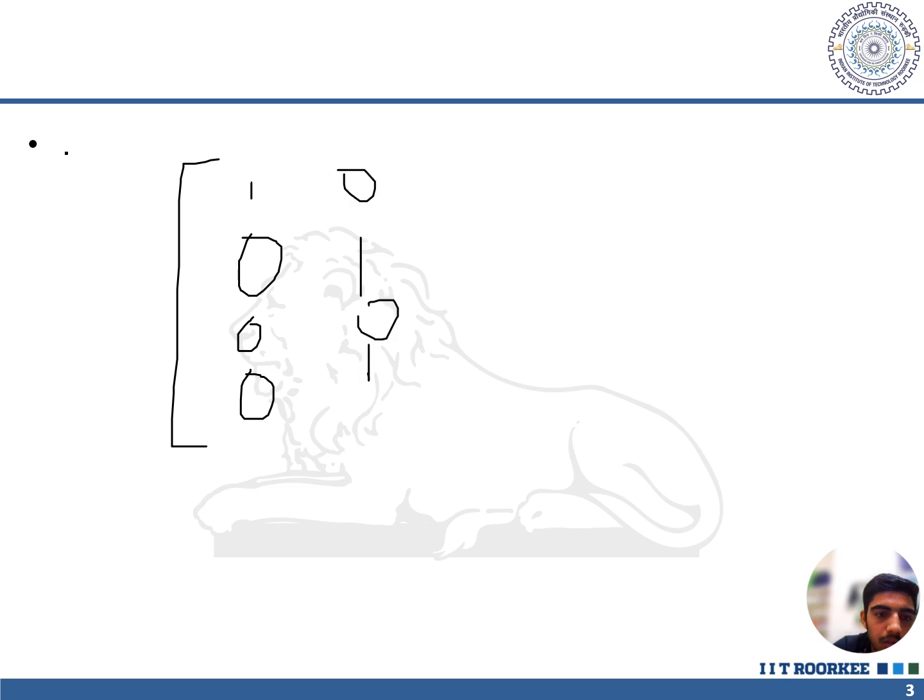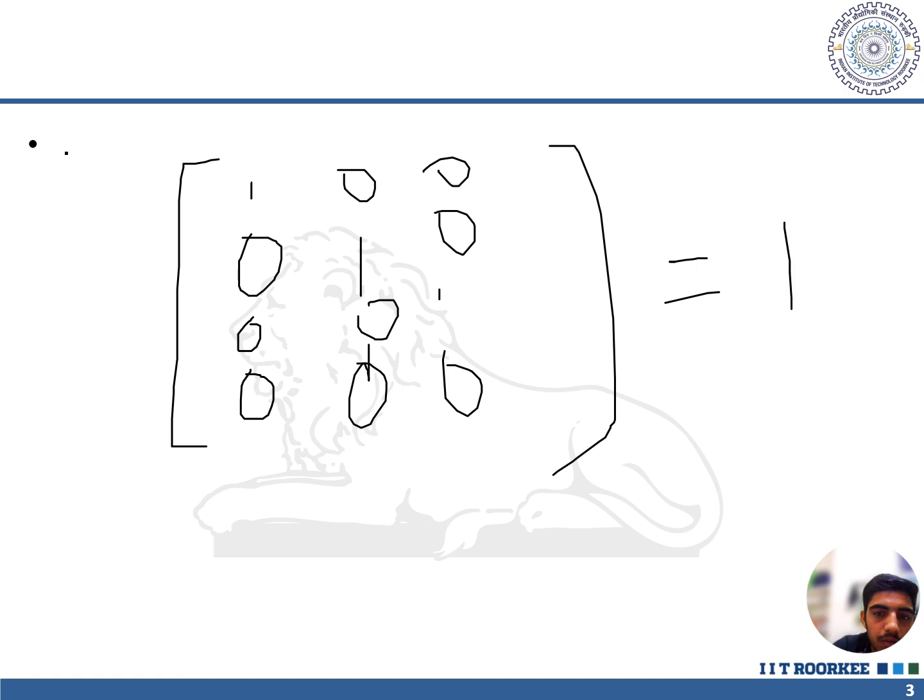So the standard bases are going to be the columns of the identity matrix of the same order as the dimension of the vector space.